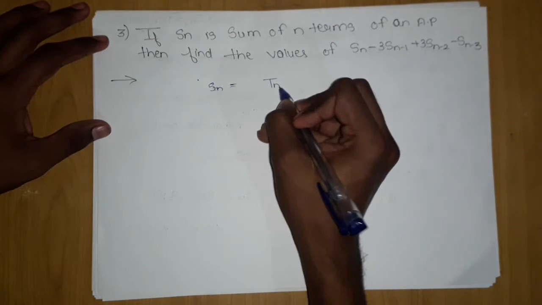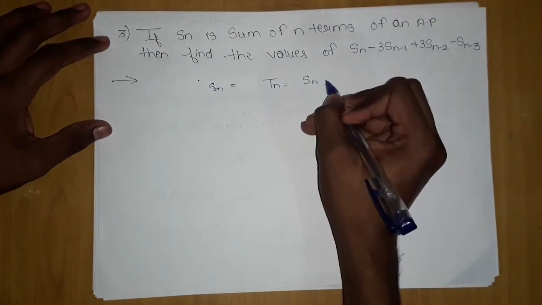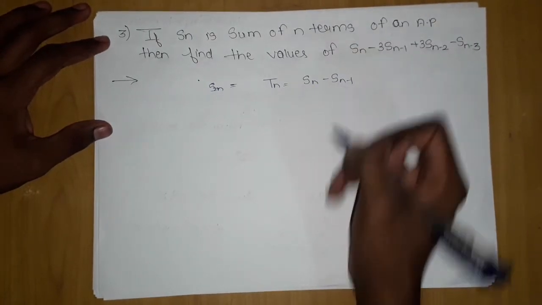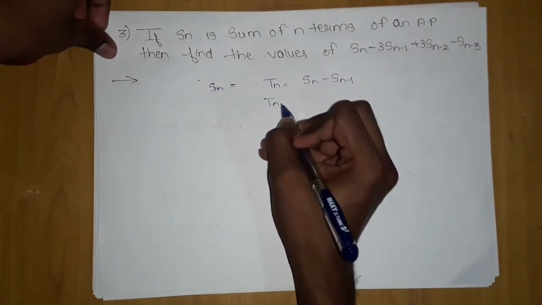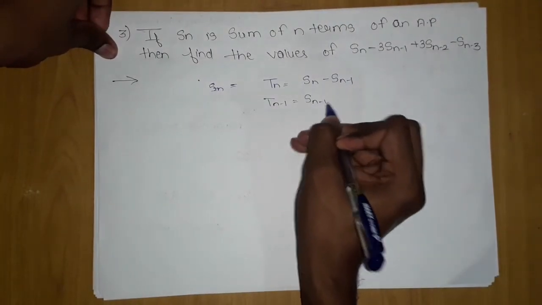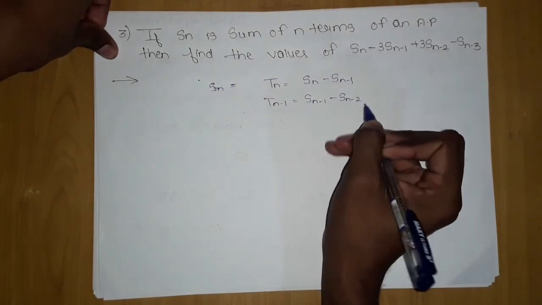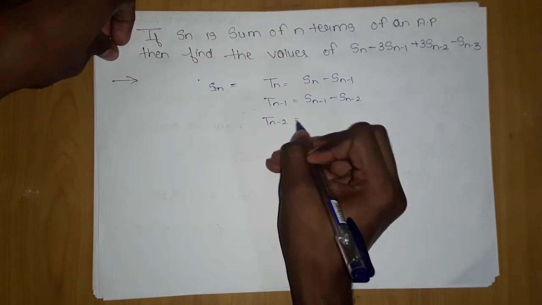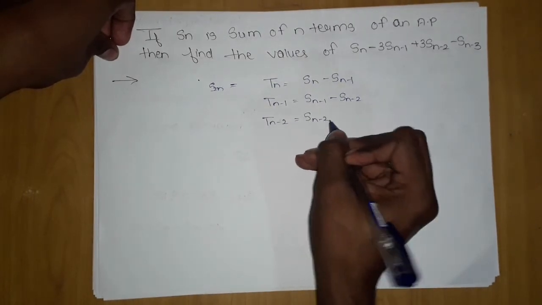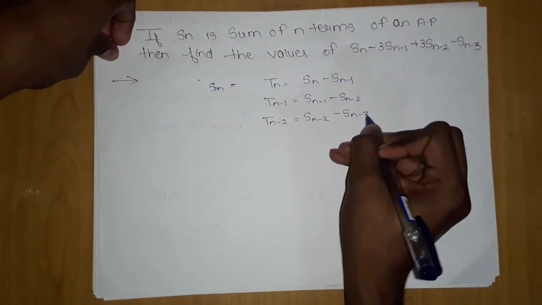Now you know this formula, Tn is equal to Sn minus Sn minus 1. So for Tn minus 1, it will be Sn minus 1 minus Sn minus 2. Further, for Tn minus 2, it will be Sn minus 2 minus Sn minus 3.